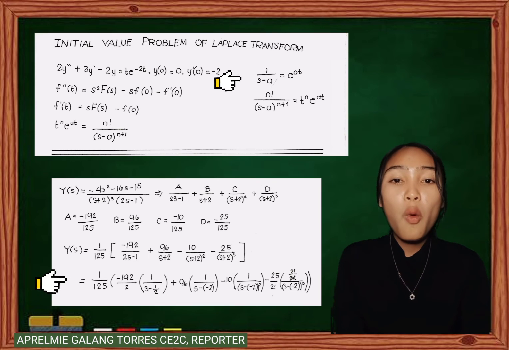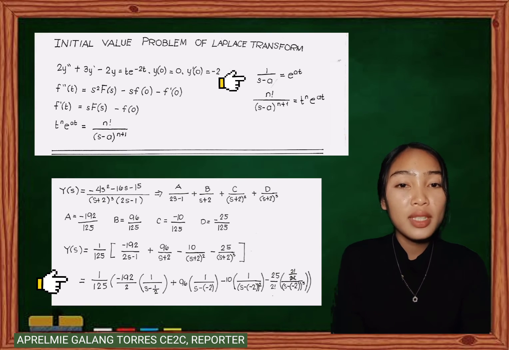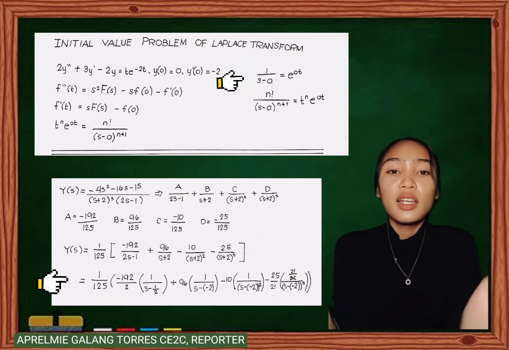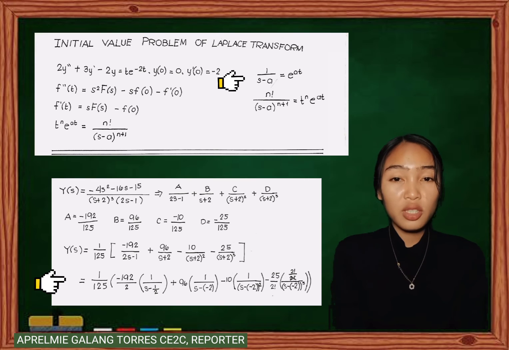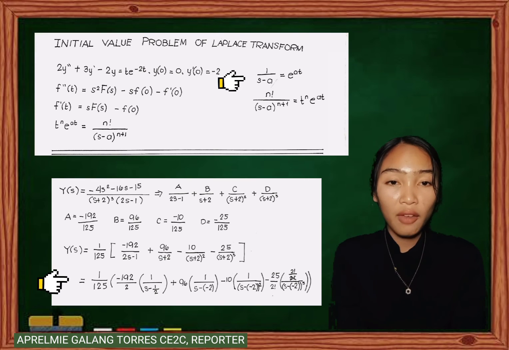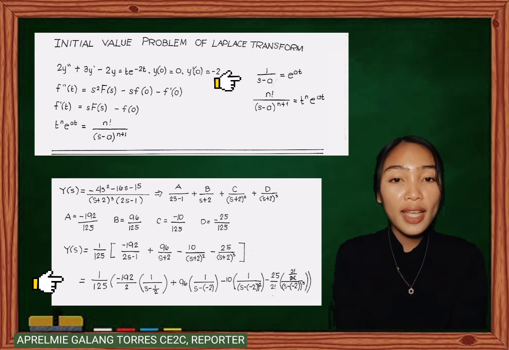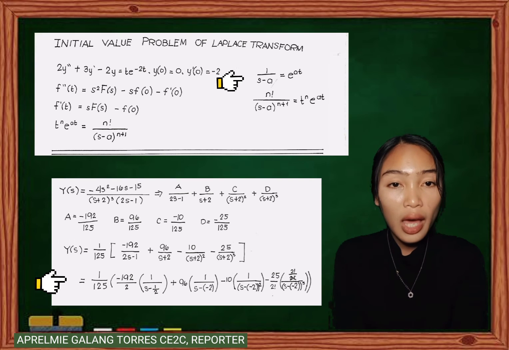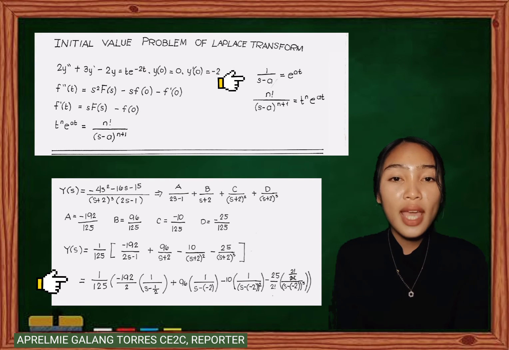As you can see, 1/125 essentially, if we factor out this -192, and then in the denominator here, if we factor out a 2, then that would be multiplied by 1 over, since the 2 is factored out in the denominator, we're actually going to get s - 1/2. Now this 1 over s - 1/2 is in the same form as our formula 1 over s - a, so we can easily convert it to e^(at).